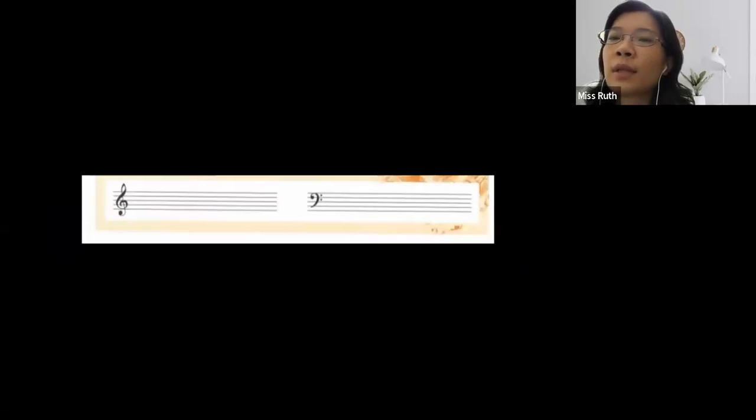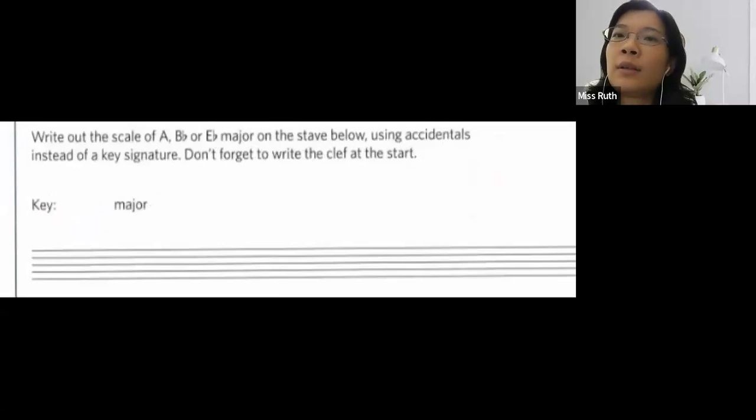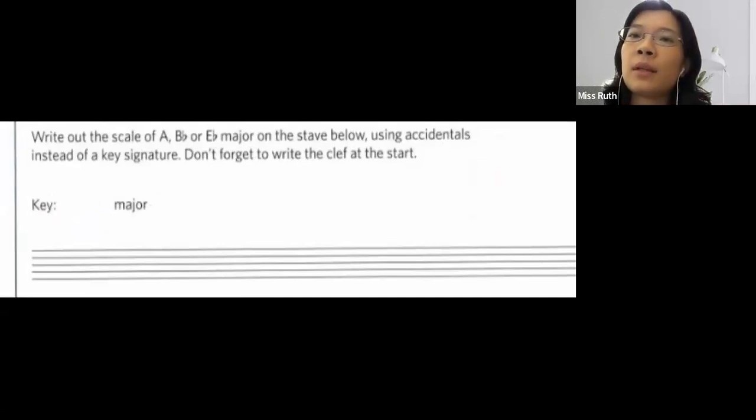And the last two examples can be about major. We can try to write different scales with accidentals for different majors. Let's say, let's take G major as an example.